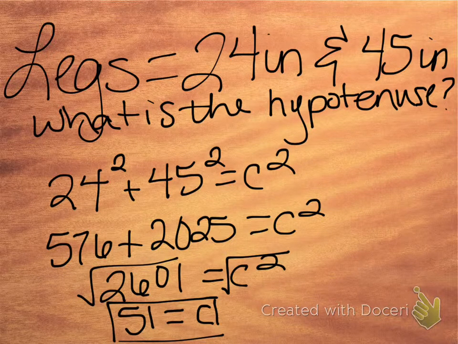We add those together, we get 2,601. Again, we want to find the square root of both sides because we don't want what C squared is, we want what C is. So the square root of C squared is C. The square root of 2,601 is 51.